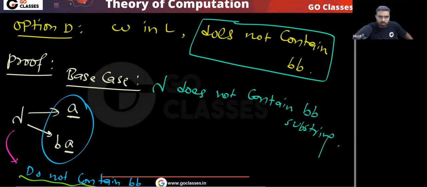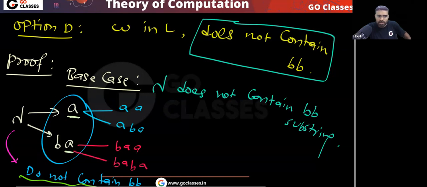Now, whatever you do, from this you can create AA or ABA. From this you can create BAA or BABA. So can you notice you can never create substring BB? Yes or no? Because you are always ending with A. So if I add A, you cannot create BB.